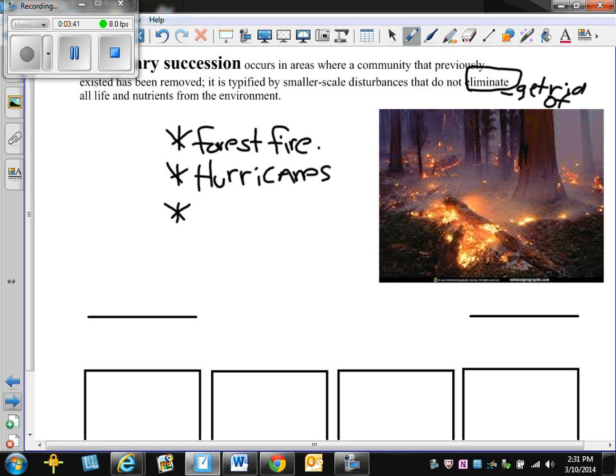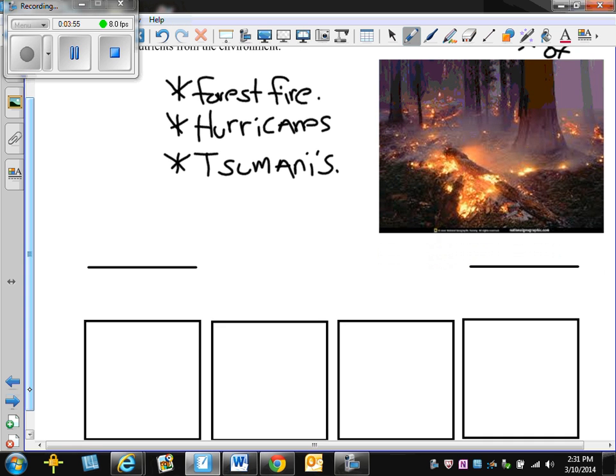And if you live in the Pacific Rim, Hawaii, Japan, you might be worried about tsunamis. But the big thing is there's life there, and more importantly, the soil is there to support plant growth.